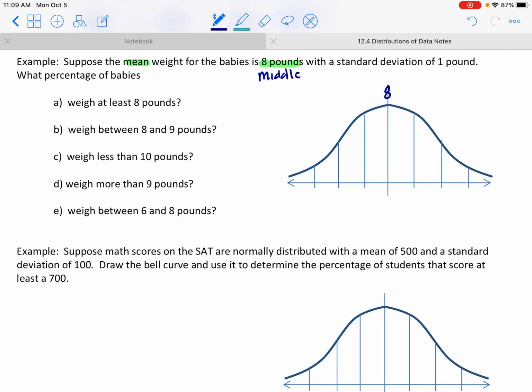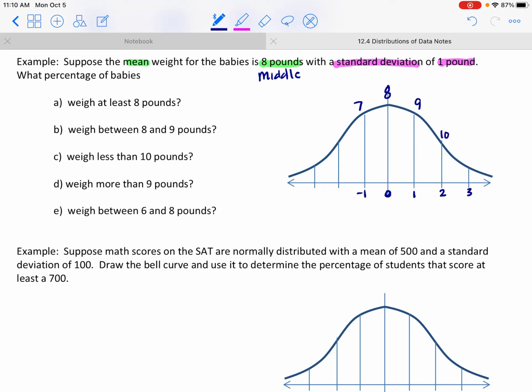And then if the standard deviation is 1 pound, that means we add and subtract 1 pound. If I added it once, I'd take it to 9. If I subtracted it once, I'd be to 7. So that's 1 standard deviation above and 1 standard deviation below, and this is right at the mean, right? If I added the standard deviation a second time, I'd get to 10.